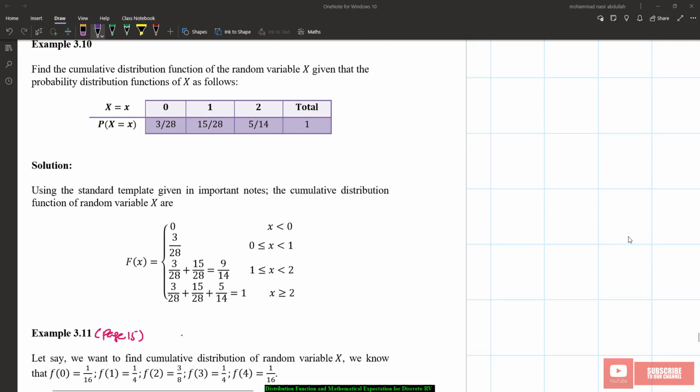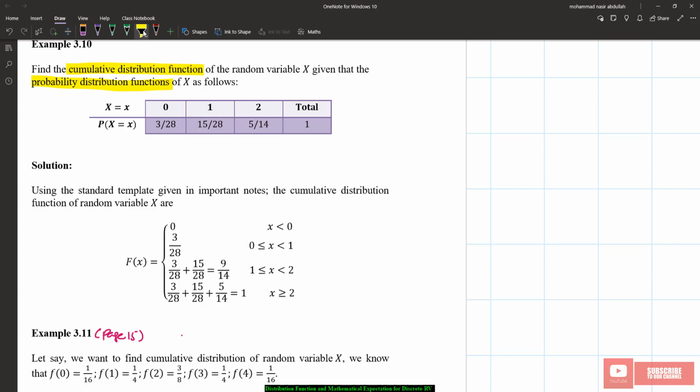Alright, good. So now let's look at example number 3.10. It says find the cumulative distribution function of a random variable X that the probability distribution function of X is as follows. So this is a probability distribution function.